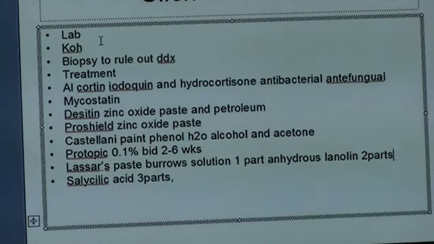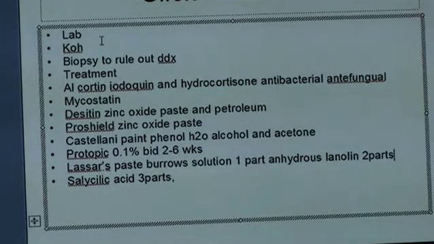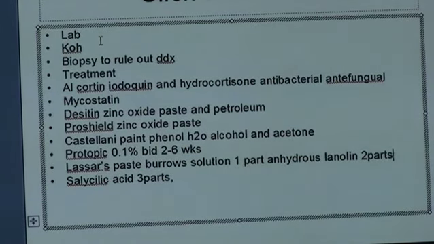Now, what do we see most of the time? In adults we usually see tinea cruris. And you really need to do a good KOH so you don't miss it, because if you put someone on a steroid, you've got to see them back, otherwise you're going to get stretch marks.